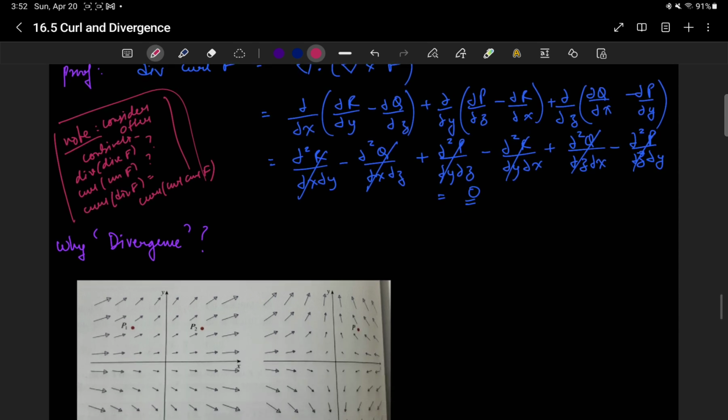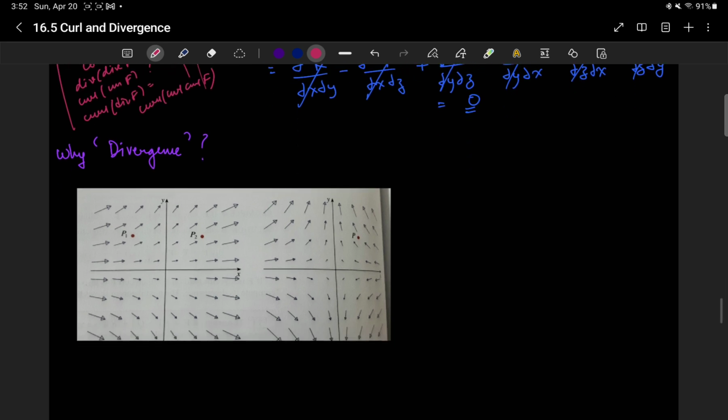Similar to the idea of curl, we can ask why it is called divergence. As you know, the meaning of the word divergent means it's something that's spreading out. Let's look at these two vector fields and specific points P1, P2, and P and see what's happening. If I look around P1, the size of the arrows are changing.